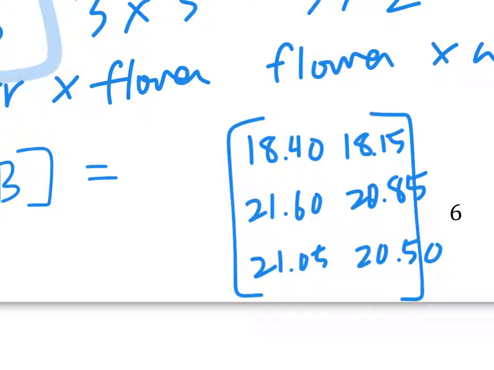All right, you should get this matrix that is 3 by 2. What does the row mean again? Arrangements, so 1, 2, 3. And then what does the column mean? Wholesale.